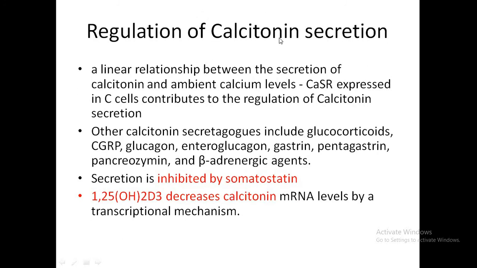How is calcitonin secretion regulated? There is a linear relationship between the secretion of calcitonin and the ambient calcium levels. And the CaSR expressed in the C cells contributes to the regulation of calcitonin secretion.